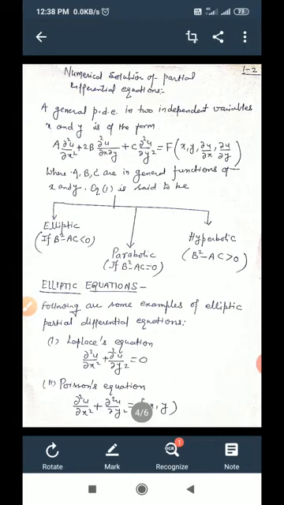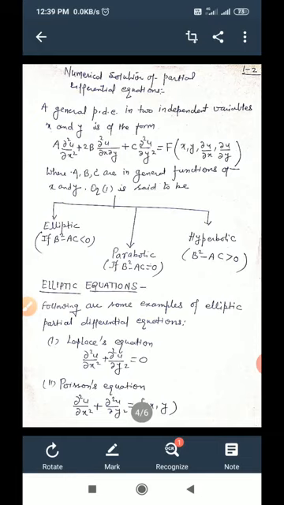Student, we know that a general partial differential equation in two independent variables x and y is of the form a ∂²u/∂x² + 2b ∂²u/∂x∂y + c ∂²u/∂y². So student, here a, b and c are in general functions of x and y.